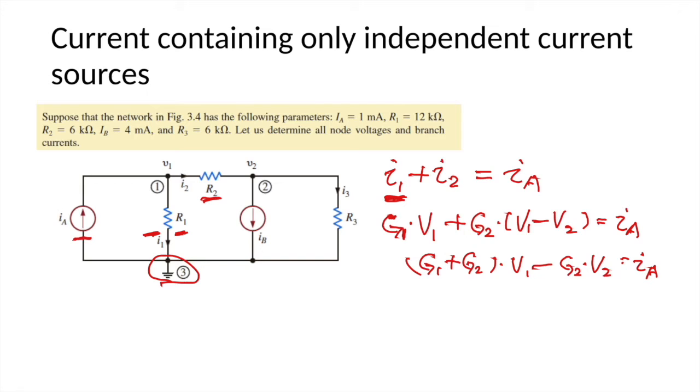Similarly, we can write the KCL on node 2. It has one current source connected with it and two resistors. So let's write the KCL at node 2: the current entering, I2, equals the current leaving, IB plus I3.